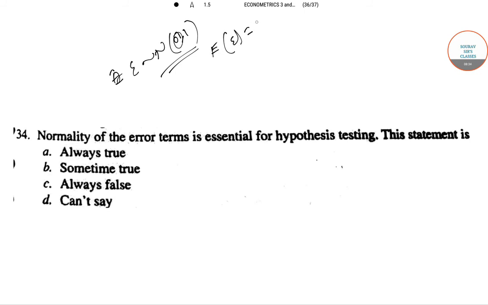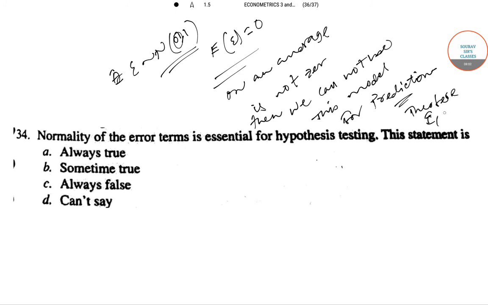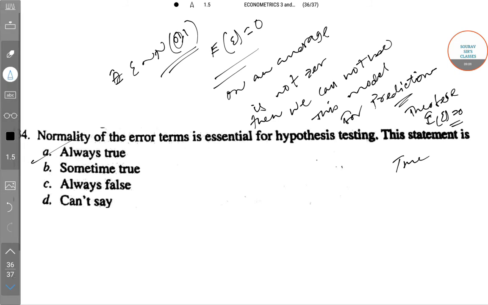And if the mean of the error term on average is not 0, then we cannot use this model for prediction. Therefore, the expectation of epsilon equal to 0 must always be true. So option A is the correct answer.